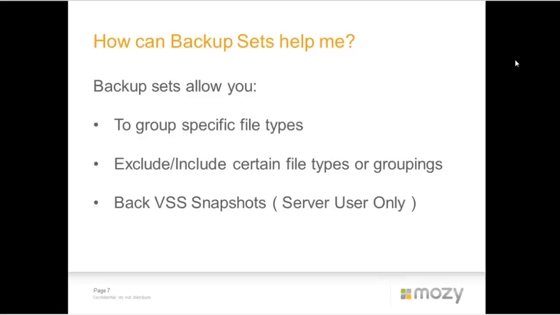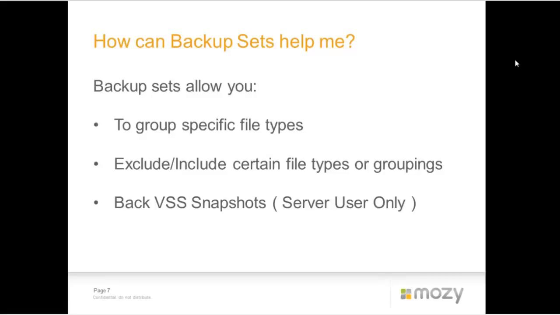Whereas if I was selecting individual files and folders, I'd have to make sure that I have the folder selected where I save this new PowerPoint presentation if I want it to be backed up. With backup sets, as long as it matches the rules for my backup set, no matter where I save it on the machine, and as long as I'm searching that location, it'll pick it up for backup.